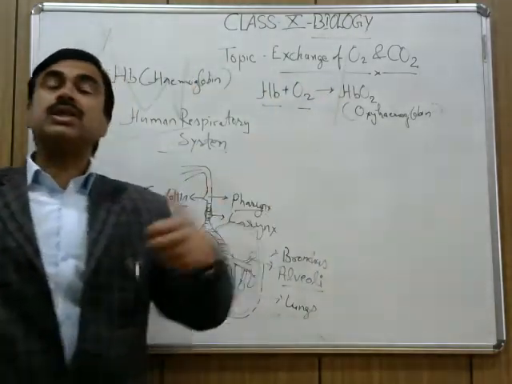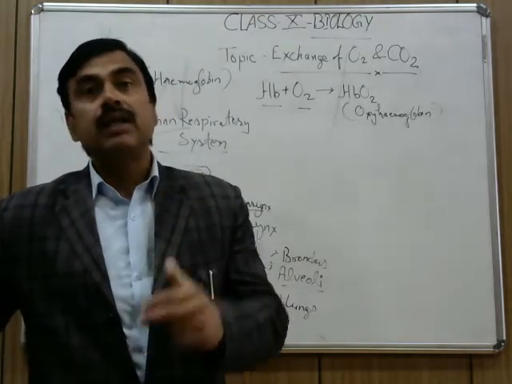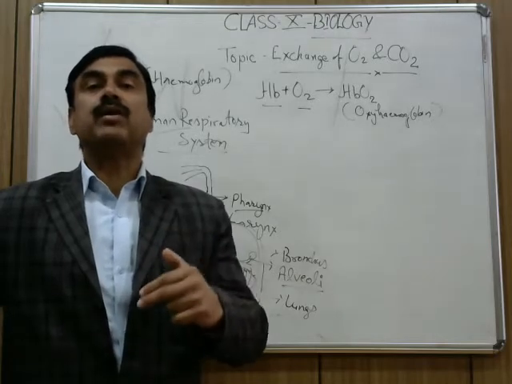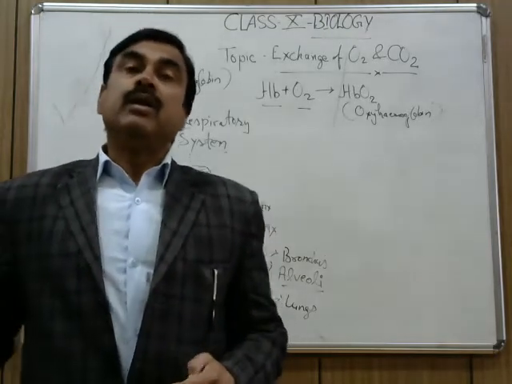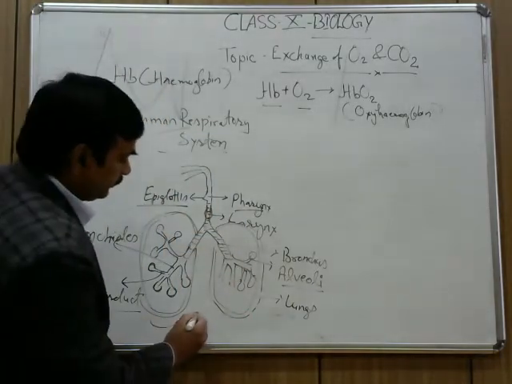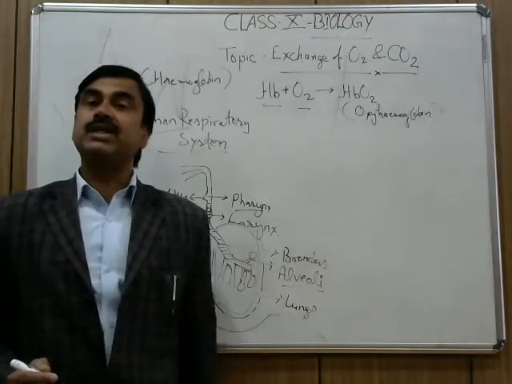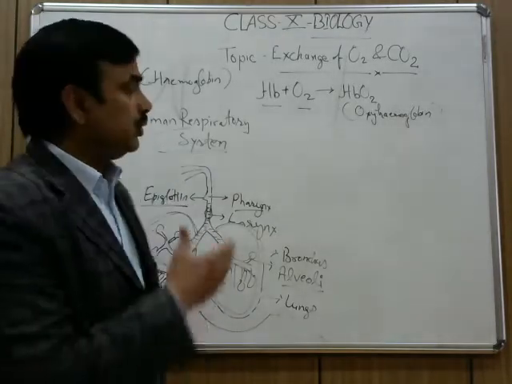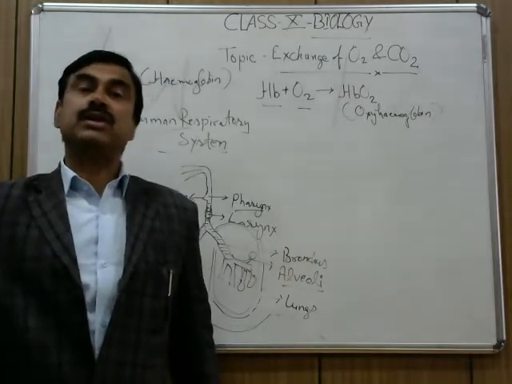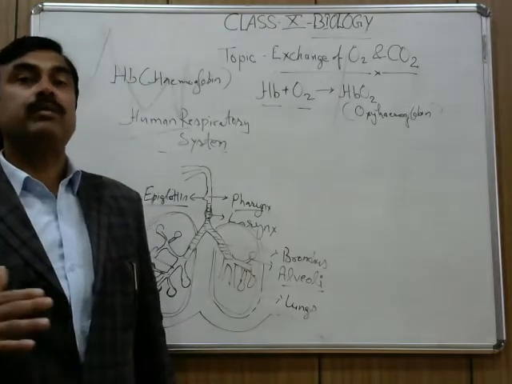The exchange of O2 and CO2 takes place in the human respiratory system by the process of diffusion. That was the structure. But before explaining the exchange of O2 and CO2, I will tell you about the diffusion process. How does it take place in our body?